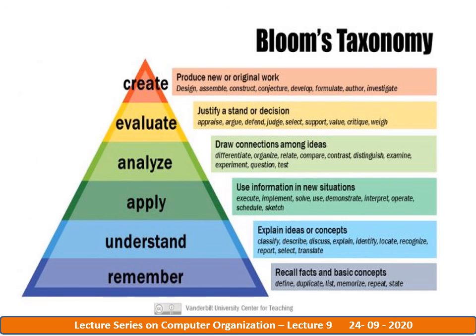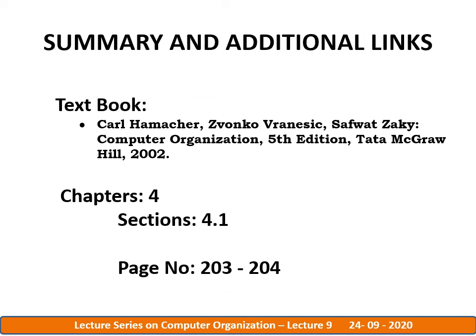With this accessing of IO devices, you will remember the things and understand them, then apply them for designing a memory architecture. The topic we have covered today is in the process of understanding, so you are in level 2. With this I conclude.